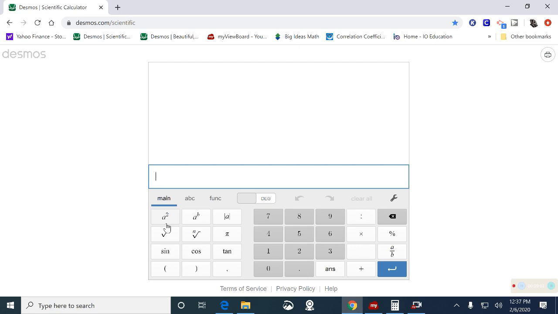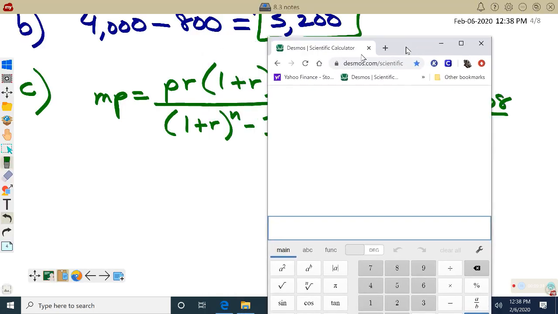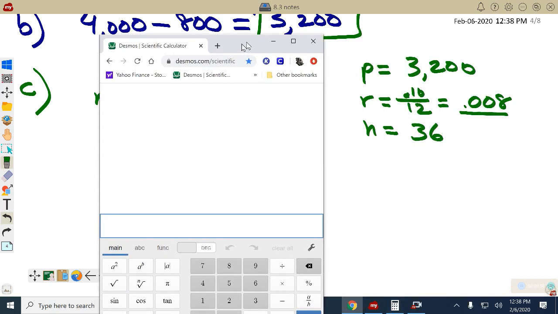Castro's rocking it. Nice. Anaya, nice. Go to the scientific calculator. Bolanos, nice. Ramos, rocking it. Got it? You're the man. All right. Here we go. Let's do this.